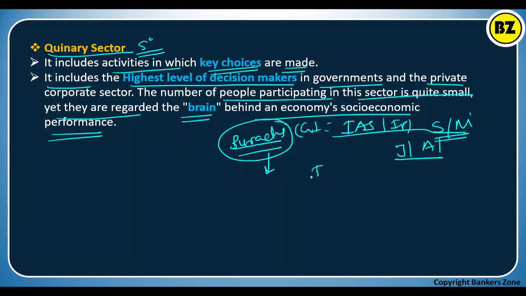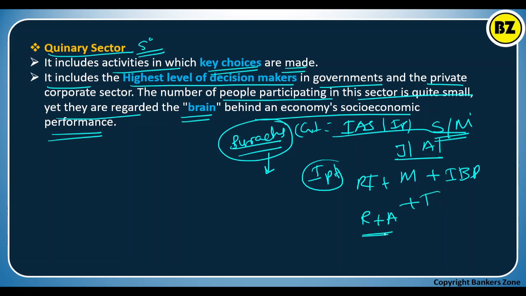Apart from that, in the private sector, say Ratan Tata, Anand Mahindra, and the owners of different companies like IBM, TCS. These are very big companies, right? Reliance, Adani. These are the people who are really the brain in the corporate sector. So to them we call the fifth, that is the quinary sector.